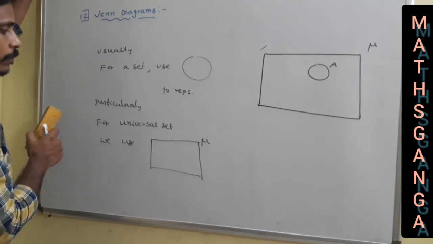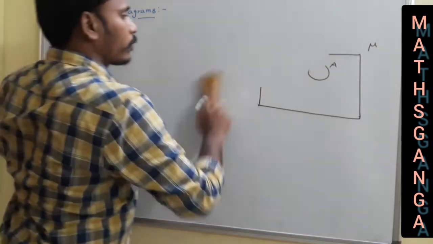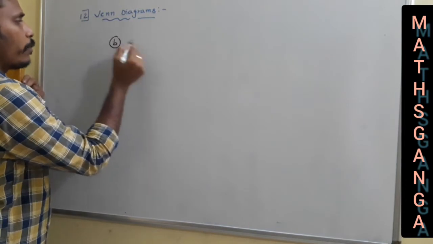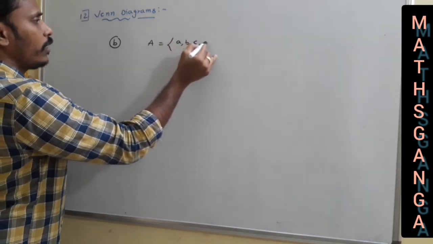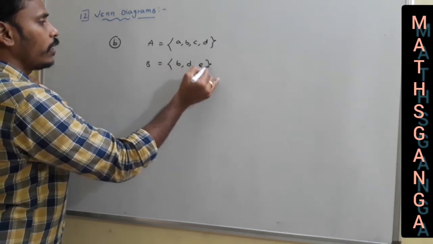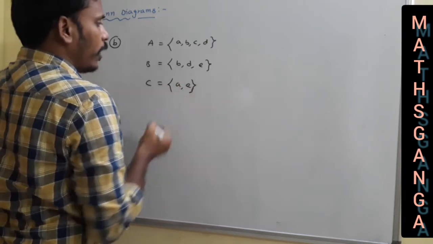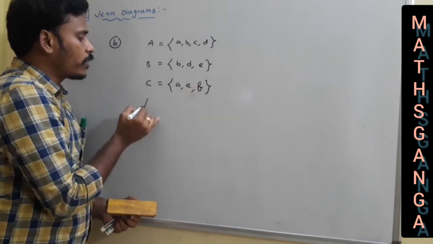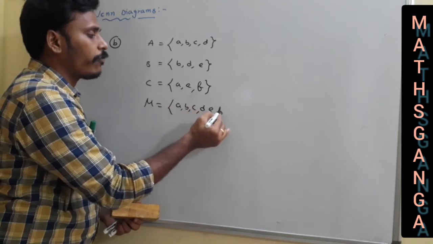Can I erase this? Coming to the discussion, if you have some examples, say A is equal to {A, B, C, D}, and B is equal to {B, D, E}, whereas C is equal to {A, E, F}, and you take the universal set as {A, B, C, D, E, F, G}.